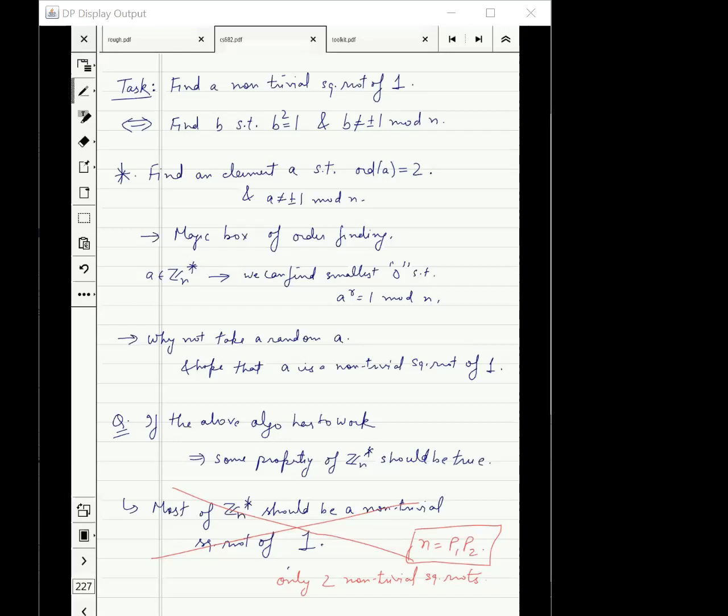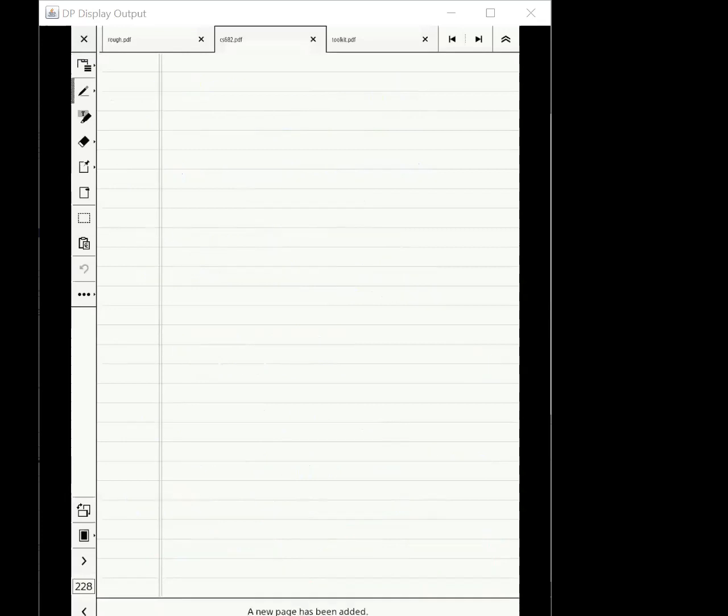Any questions about why this strategy is not working? Okay. Can we modify it? We can't hope to find a random A such that its order is 2.